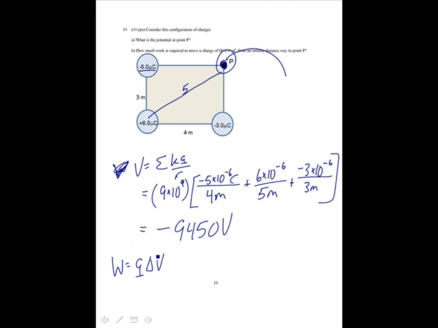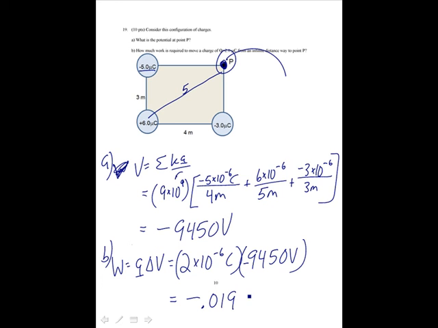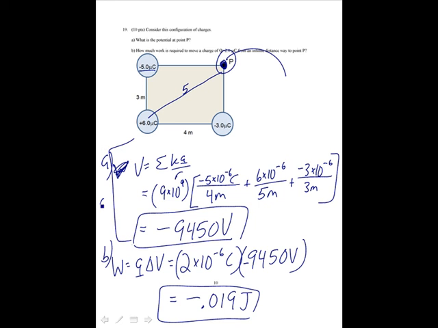And then to move a 2 microcoulomb charge into the point P requires this amount of work. Work is equal to Q delta V. See, this is part B. Q delta V is 2 times 10 to the minus 6 coulombs times negative 9450 volts. So it requires negative 0.019 joules of work. Those are the answers. This was worth 6 points, and this was worth 4 points.